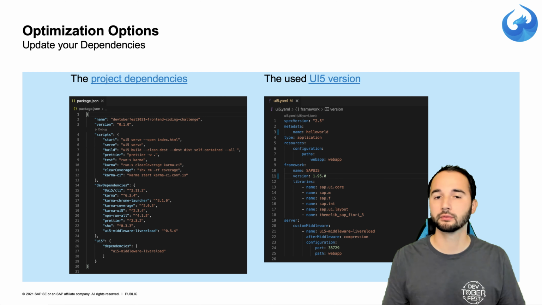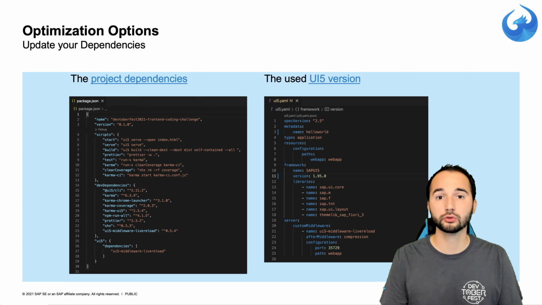You can use tools like npm or yarn to make sure that all dependencies are up to date. Once you made sure that the dependencies are up to date, you also need to make sure in the UI5.yaml file that you use the most recent version of the framework.